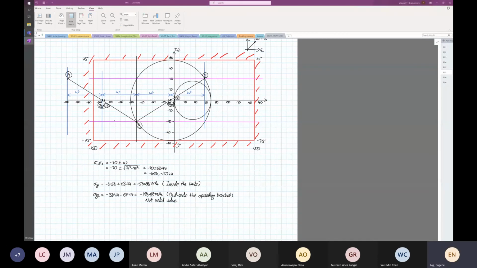Can anyone tell me what plane this circle belongs to? Anyone? This circle belongs to our YZ plane. Why? Because from Y to here, this angle is an acute angle, less than 90 degrees.